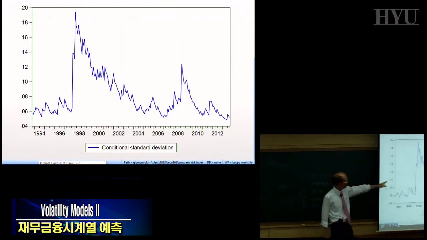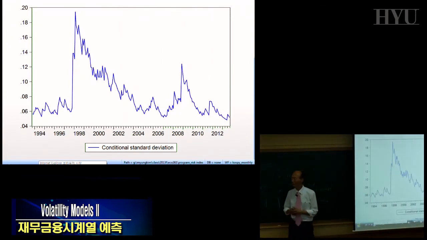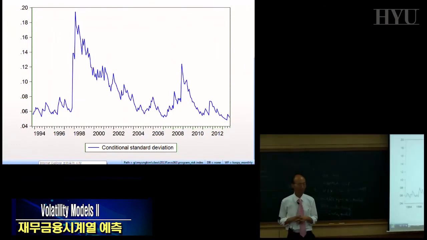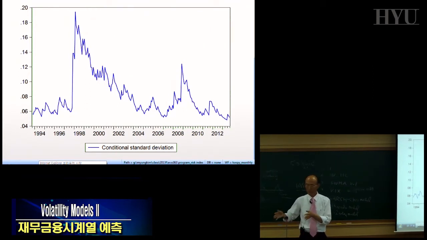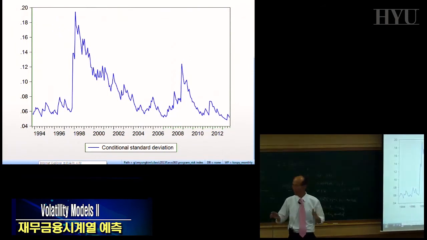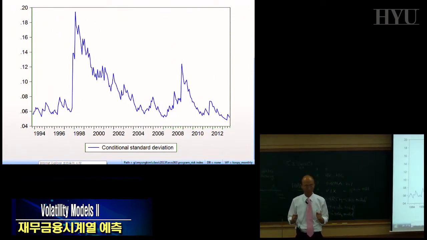So what's the meaning of this 0.10? Don't know much. You're using monthly data, right? So it's not an annual figure. So you have to convert it to the annualized figure, right?